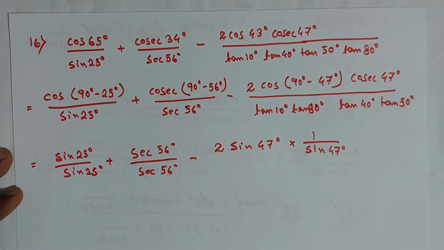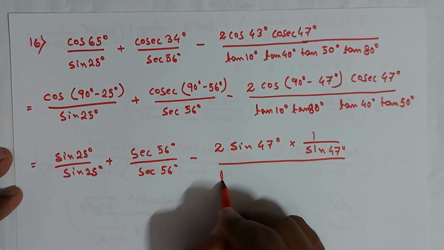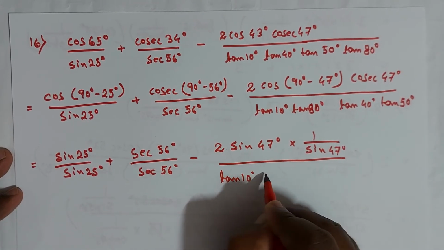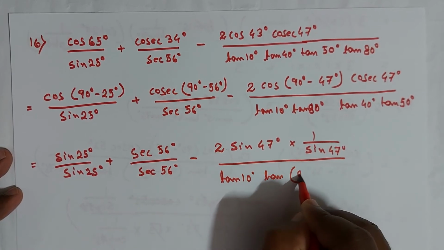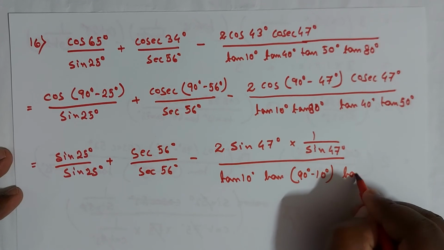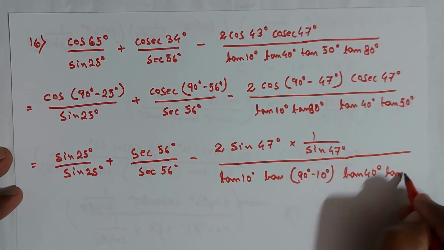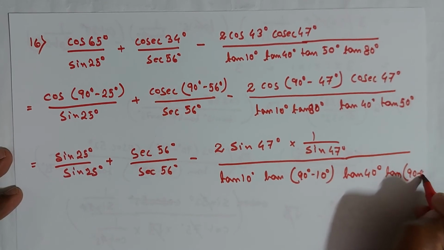Okay, tan 10 tan 80, so tan 10 degree, this will be tan of 90 minus 10 degree, and this is tan 40 degree, this is tan of 90 minus 50 degree.